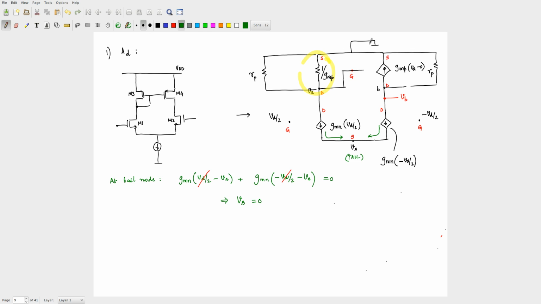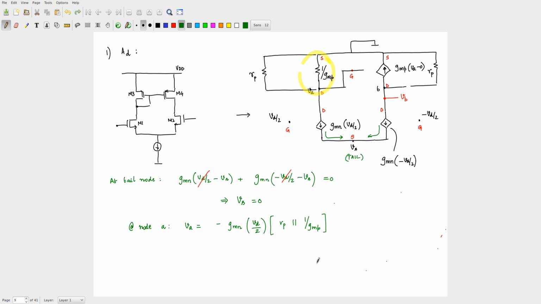And this is 0. So what is VA at node A? VA is nothing but 0 minus GMN into VD by 2, and that is flowing through a resistor given by RP parallel 1 by GM.